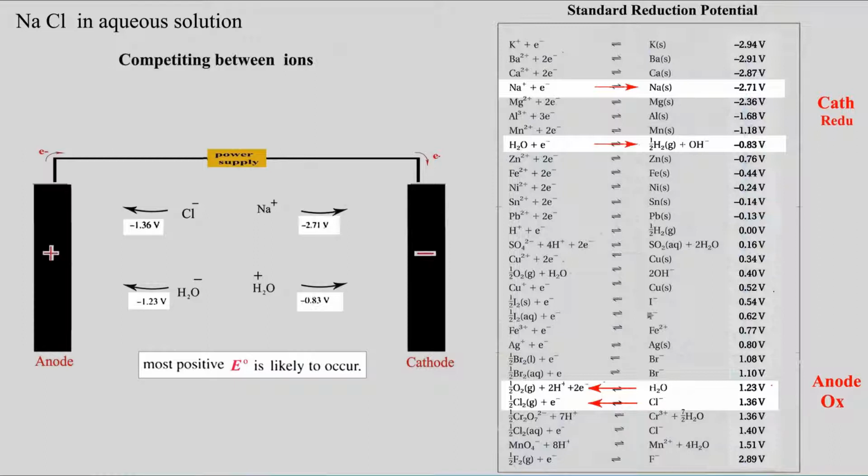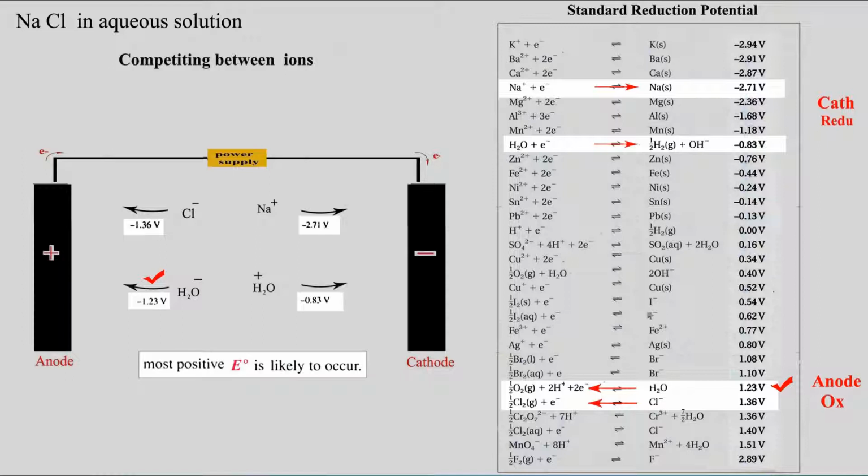Which one is going to have the most positive value? Chloride or water? The most positive value will be water. So water is going to be the one that reacts.